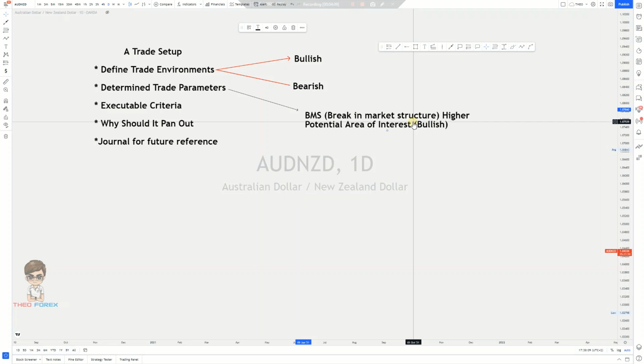Why do we have to go higher? Have we seen a structure break higher? Where is the potential area in which, when price corrects in the bull trend, I'll be looking for higher prices to look for buys there? Those are the determined trade parameters. Those are what you use to determine your trade parameters.